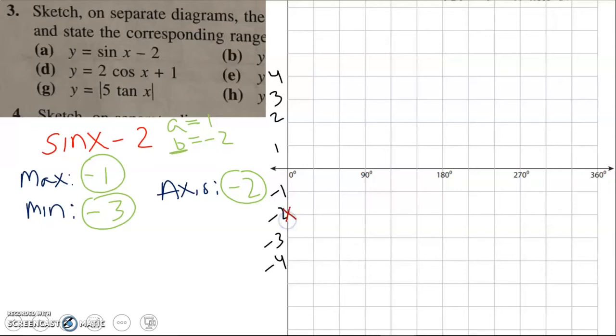So right there. It will go up 1 to my max, at negative 1 at 90. It will go back to my axis at 180. It will go to my min at 270. And then go back to my axis at 360. Okay, so here's how your graph should look.